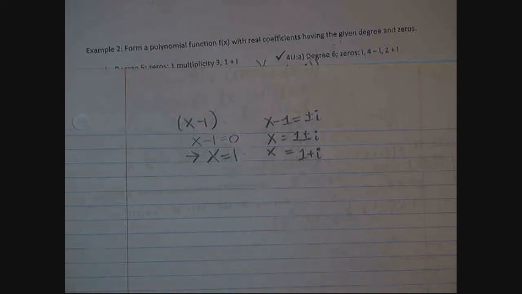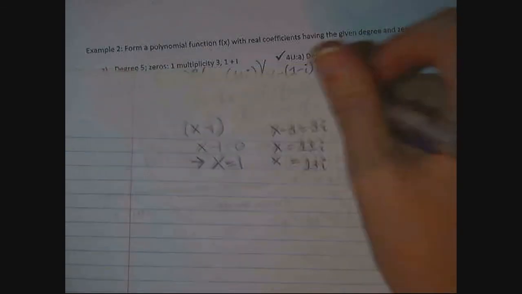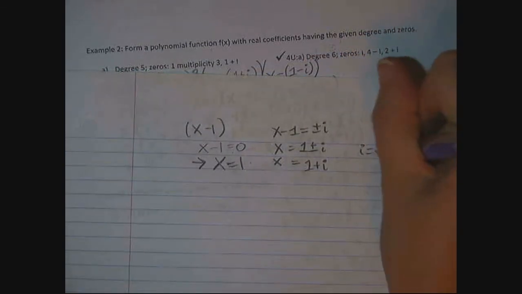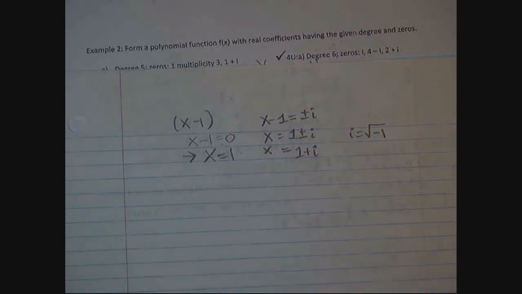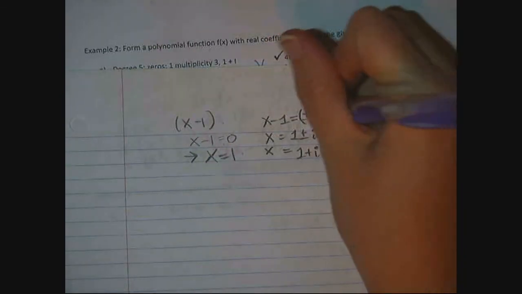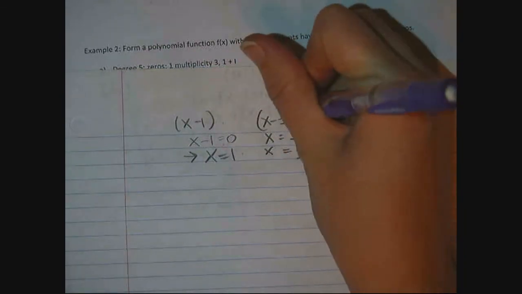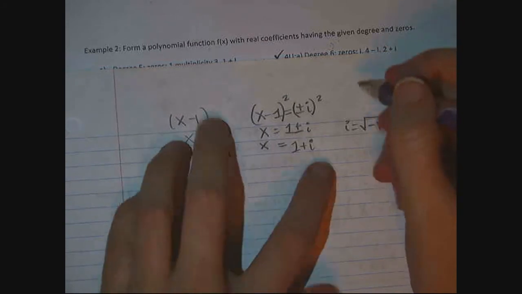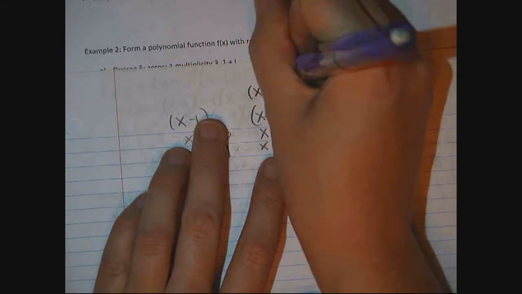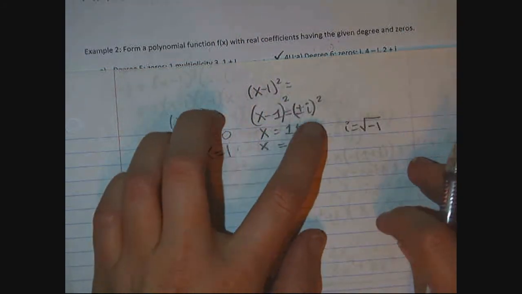If we consider what I is, earlier we reminded ourselves that I is actually just the square root of -1. In order to get rid of what makes it imaginary, this square root, I need to get rid of the square root, right? We get rid of square roots by squaring. It's the inverse. So if I square this side, I have x minus 1 squared over here.